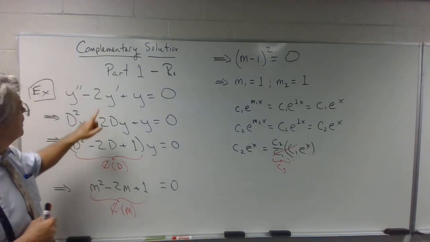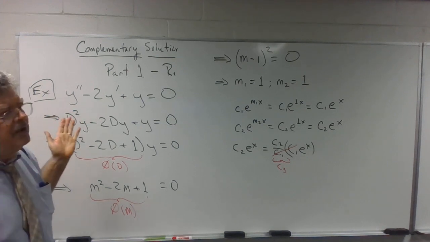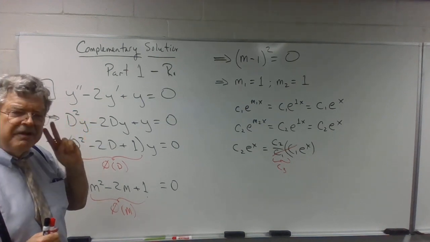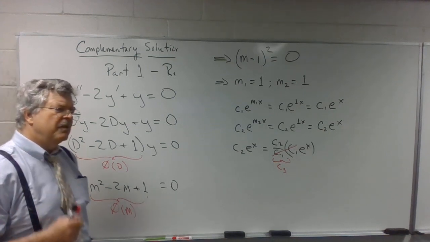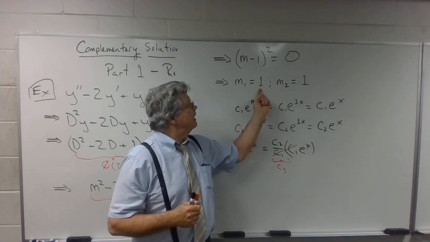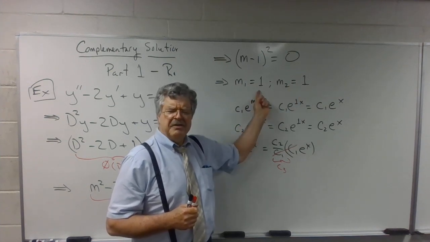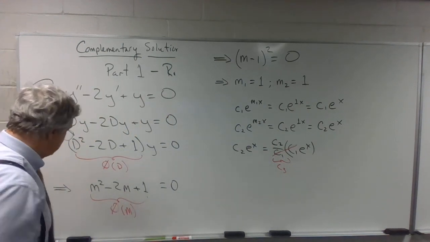But since we started out with a second order differential equation, we feel like we should have two independent solutions. But how are we going to get two independent solutions when we only have one distinct root to the auxiliary equation? Here's what we do.